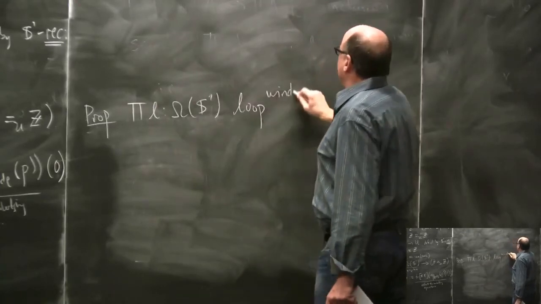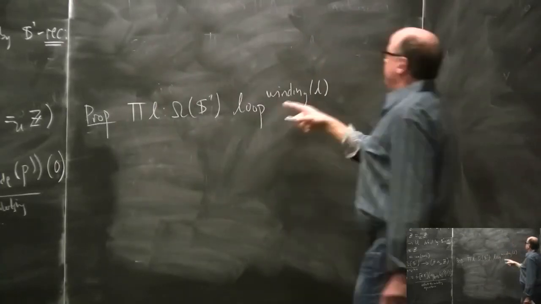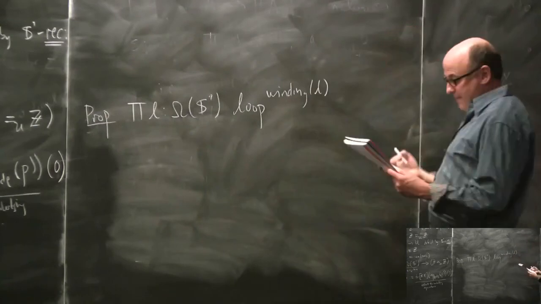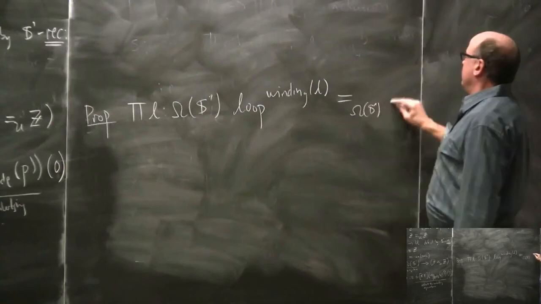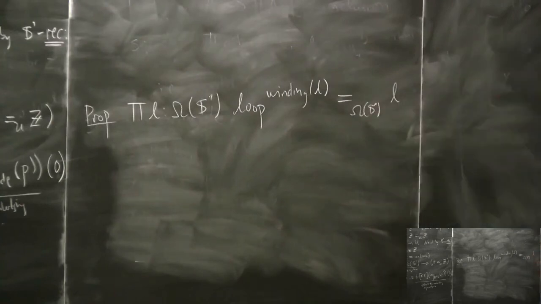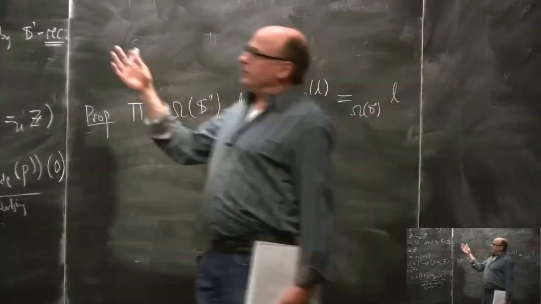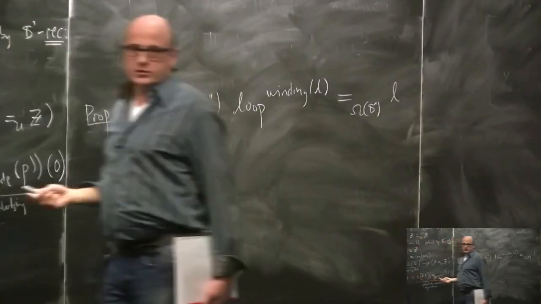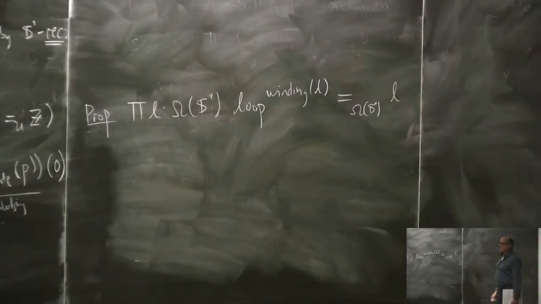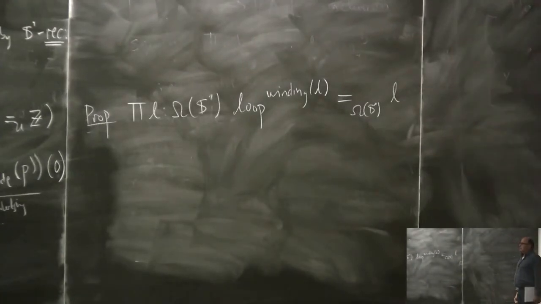So if we take the winding number of L, and then iterate the loop that many times, that in the loop space of S1 should be equal to L. If I can fill in those two things, then I will have established the required equivalence, because I've given you maps in both directions and shown that they are quasi-inverses. So I will be done. That's the important point. All right, so you're with me?